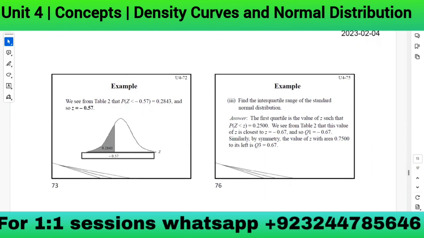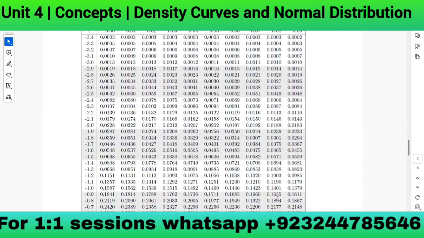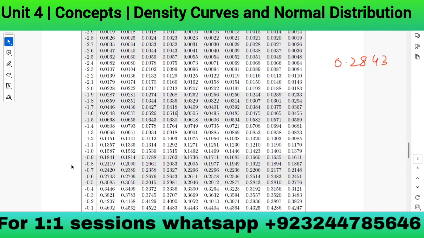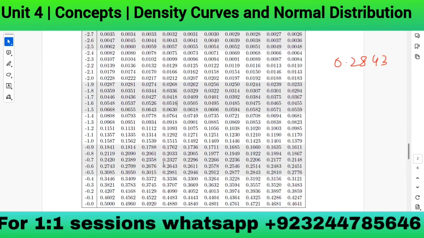So we have to find 0.2843. Now this is the reverse one. So 0.2843, where are you going to find it? Can you see somewhere 0.28? This is 0.2843.